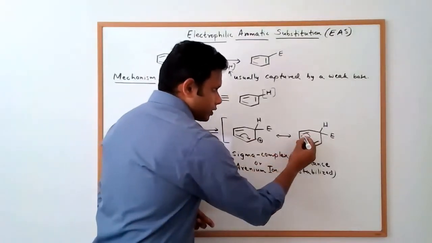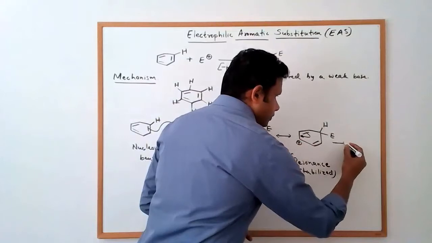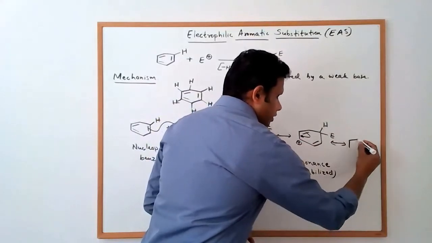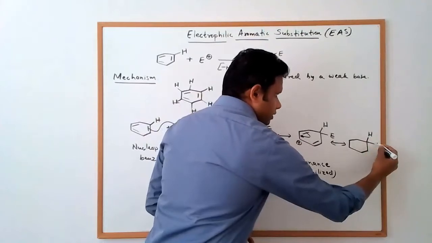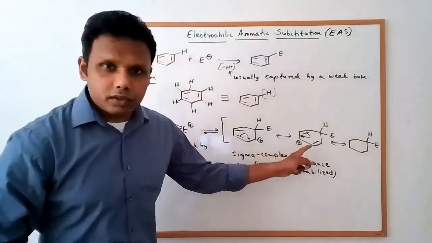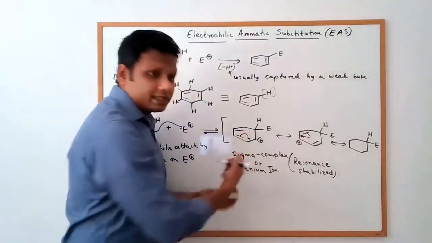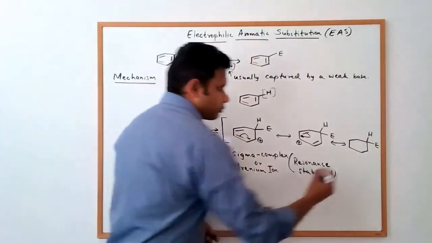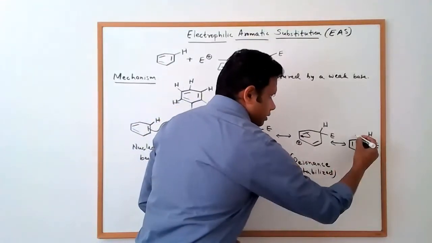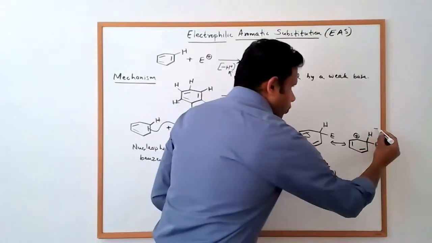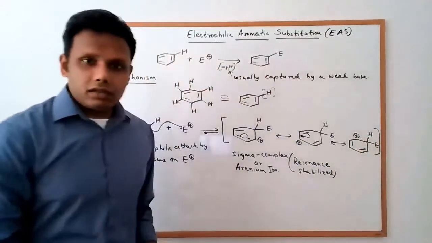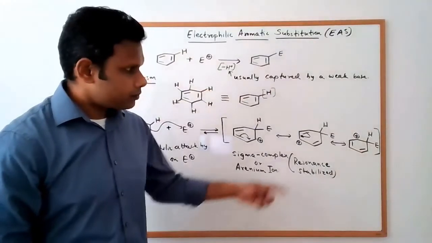And we can do further resonance on this sigma complex where we use the third pi bond or the second pi bond of the sigma complex. So we get a double bond here, and we get a positive charge here. So there is resonance possible in the sigma complex.